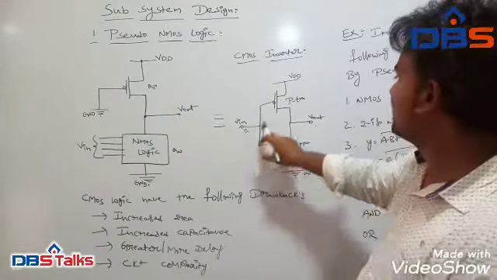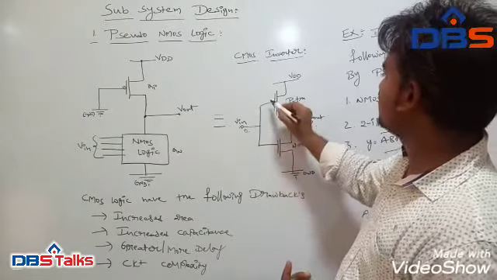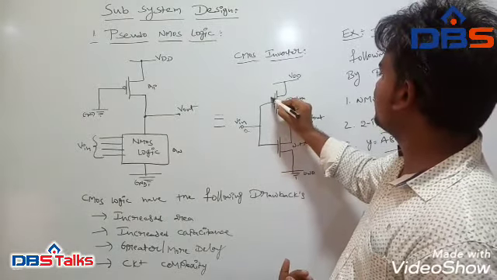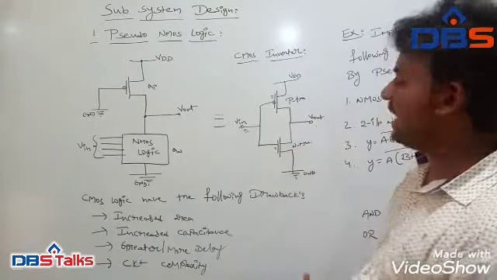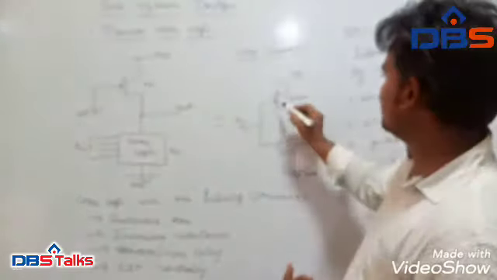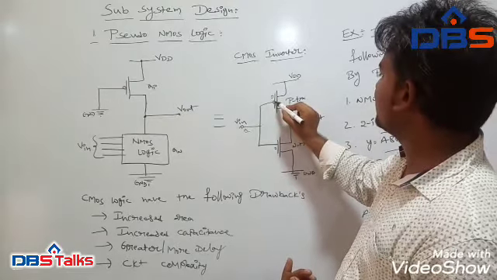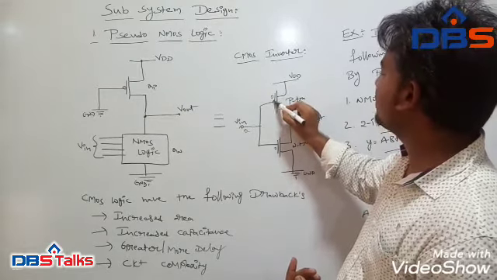Here the input voltage for the PMOS transistor is 0 and the input voltage for the NMOS transistor is 0. For the 0 input, we have the inverting operation.